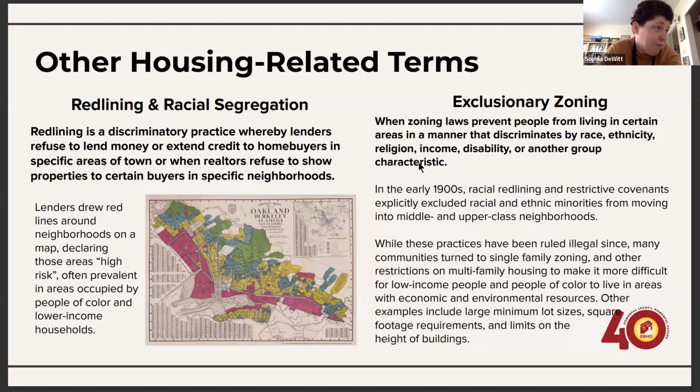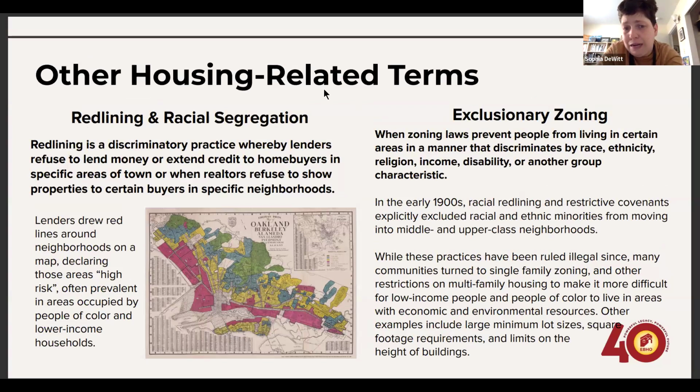So an African American family or individual might want to see houses for sale in a more wealthy neighborhood, and the realtor would not show them those properties for sale. This is also often called steering. They would steer them to properties in predominantly neighborhoods of color, for example. That's something that relates to redlining and racial segregation.